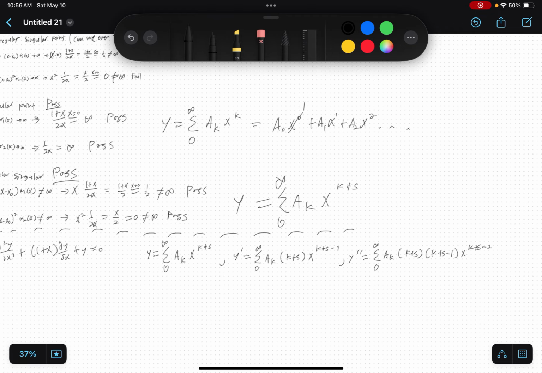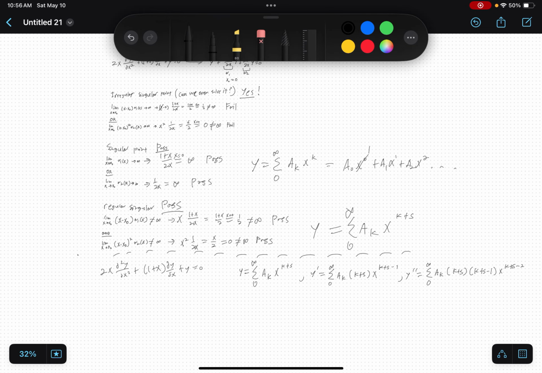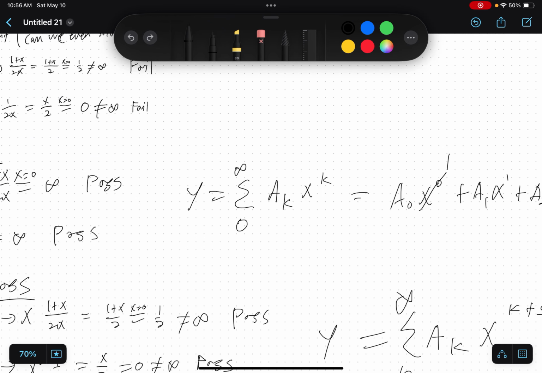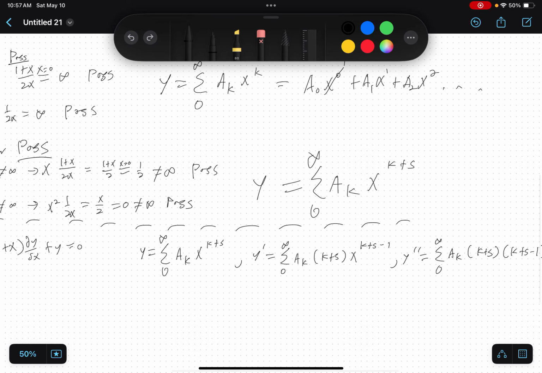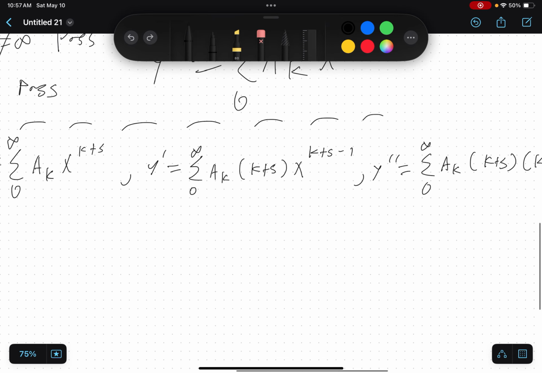Before you go any further, if the regular singular test fails and you have to solve it using the normal standard power series method instead of the Frobenius, it's literally these exact same steps that I'm doing right here, except there's no plus s. For example, this derivative would be a_k, so you wouldn't have that there.